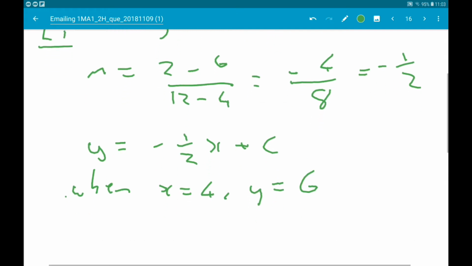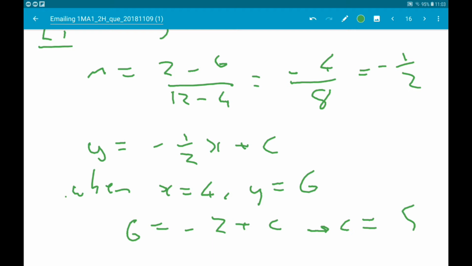So we get 6 is equal to minus 2 add c. So c is 8.